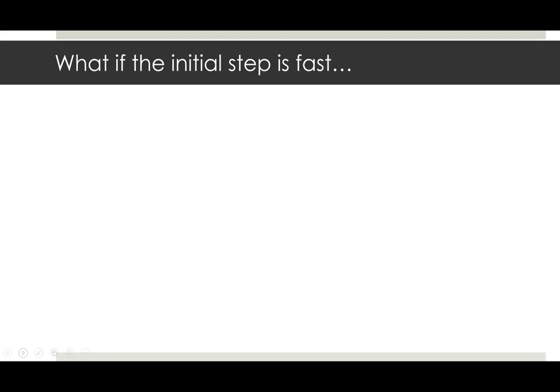All right. So what if the initial step is fast and the slow step occurs later on in our elementary steps? Well, that's when things are a little bit more difficult. What tends to happen when the first step is fast is that if we simply write our rate law based on the slow step, it contains intermediates, and that cannot happen.